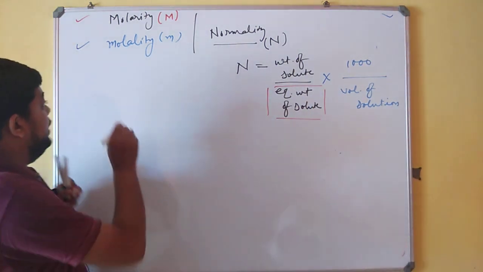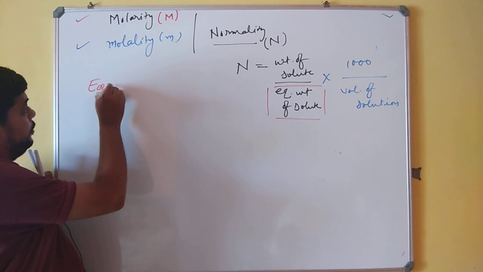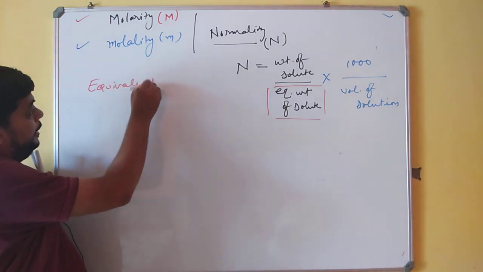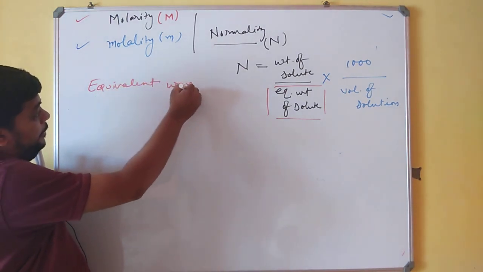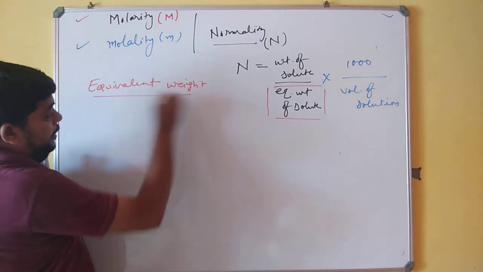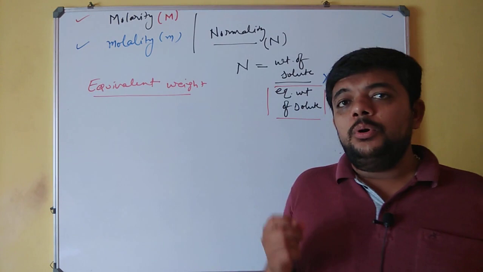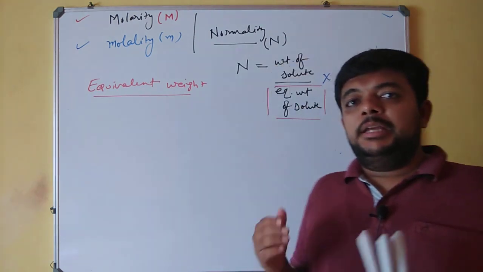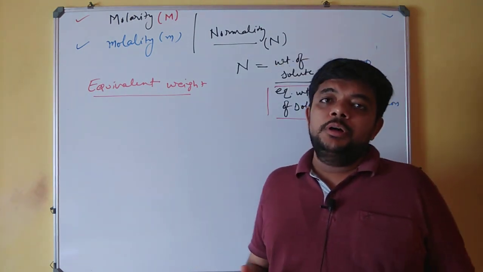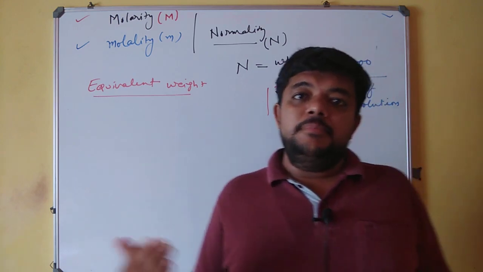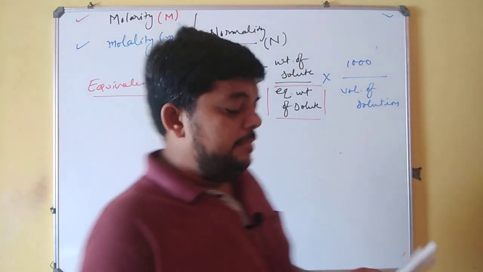So over here the very first and the basic requirement is to find out equivalent weight. So we will now shift a bit out of the topic of normality and first learn how to determine the equivalent weight. To determine the equivalent weight, we should know what is equivalence, and equivalence is then divided into two: acidity for base and basicity for acids. What I mean by this?